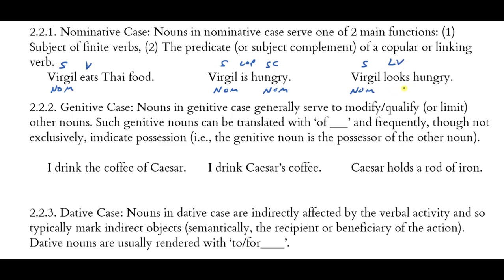And what happens with linking verbs like looks, appears, seems, smells, right? These are roundabout ways of predicating, but using a different word. And what we're saying is that Virgil is hungry by appearances, and that would be the subject complement of the linking verb. And in Latin, this would likewise be nominative case. Okay, so these are the sorts of places where we would see nominative case forms.